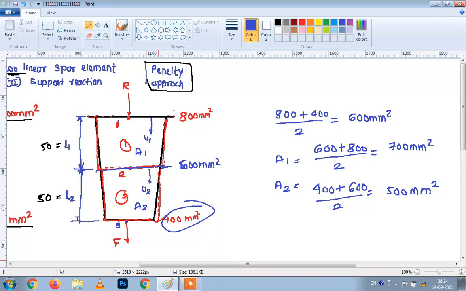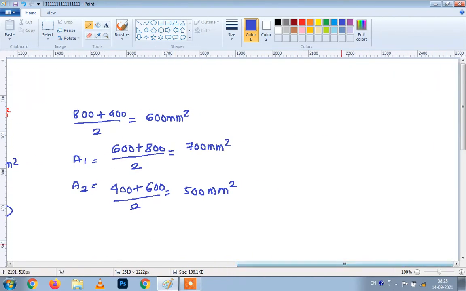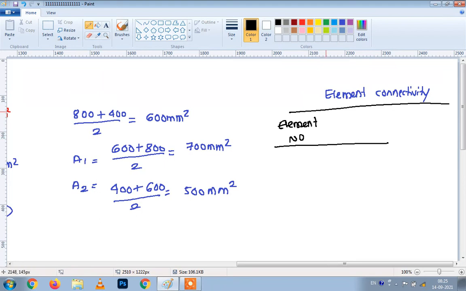Now the next thing that we are going to see is the element connectivity, which is a very important step while solving the numerical. For element connectivity we have to draw the table. Here are the element numbers, 1 and 2.